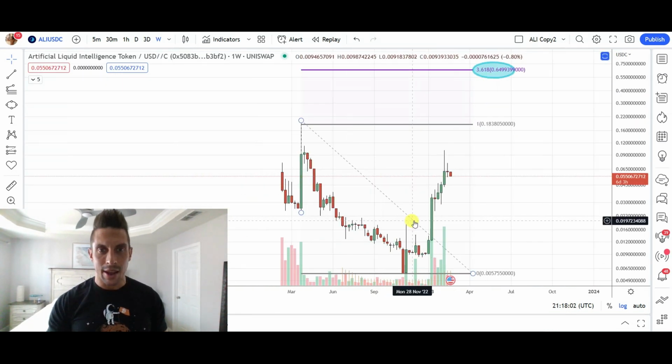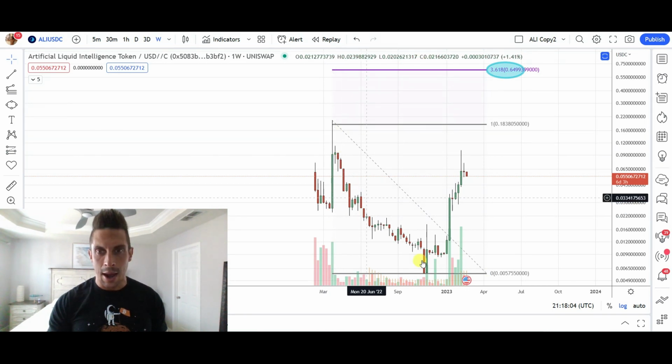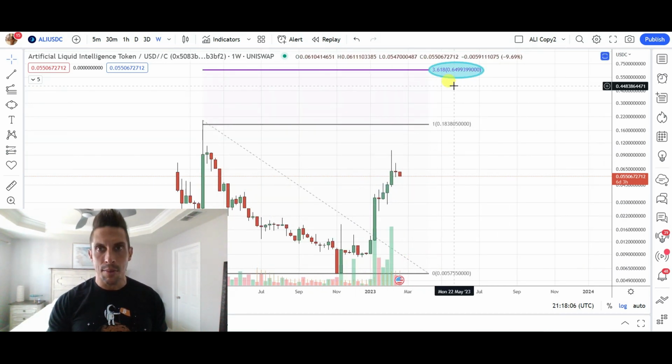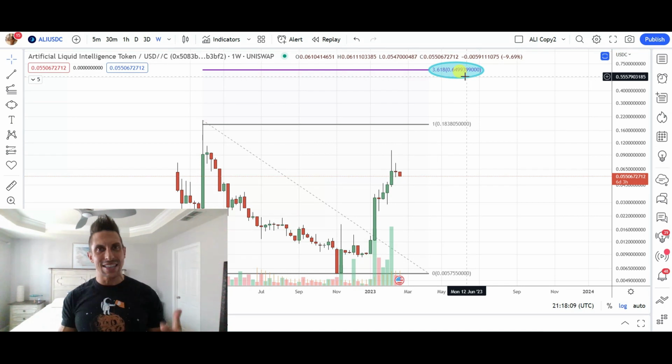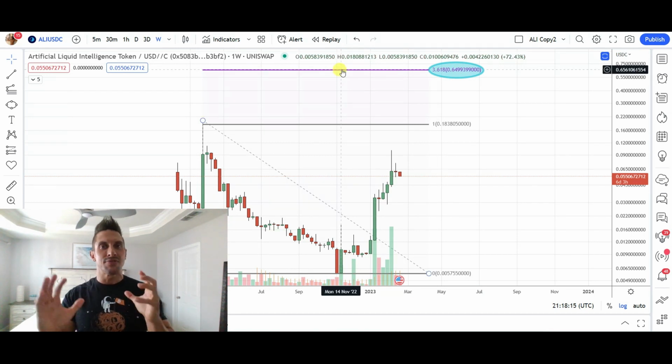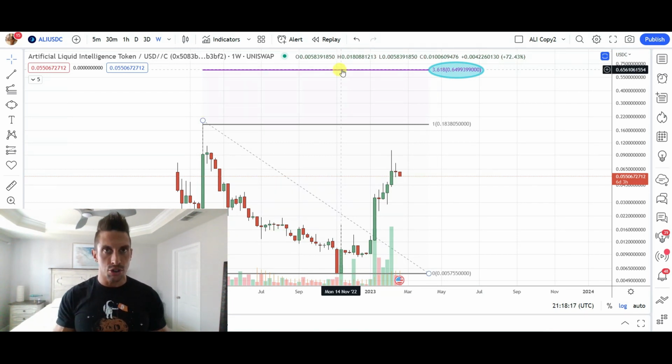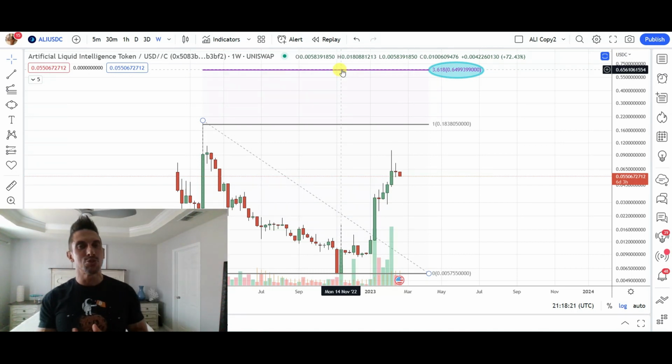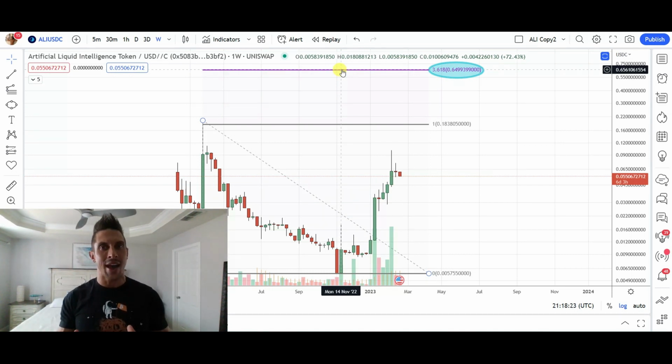If we did the same thing, and we took from the bottom to the top to the bottom, and we look at the 3.618, look what that puts us at: 65 cents, which is more than a 10x from today's 5.5 cents. So I think it is very reasonable to assume, especially since you can see the narrative shift, which is why I'm doing a short series on some of these crypto AI plays.